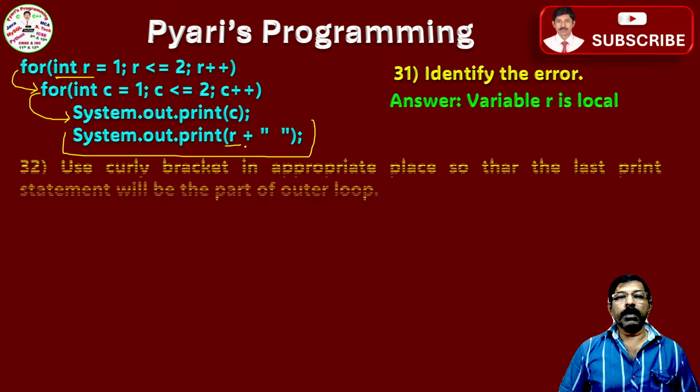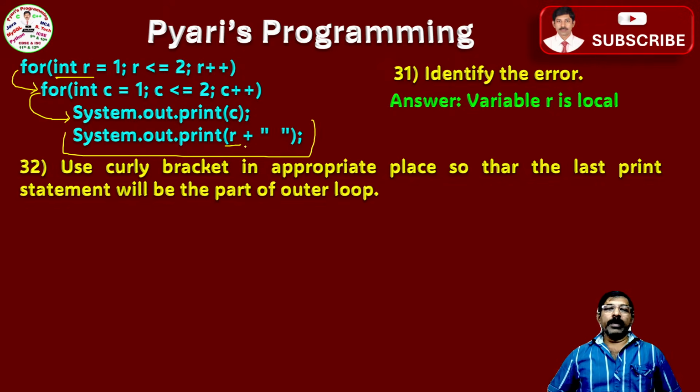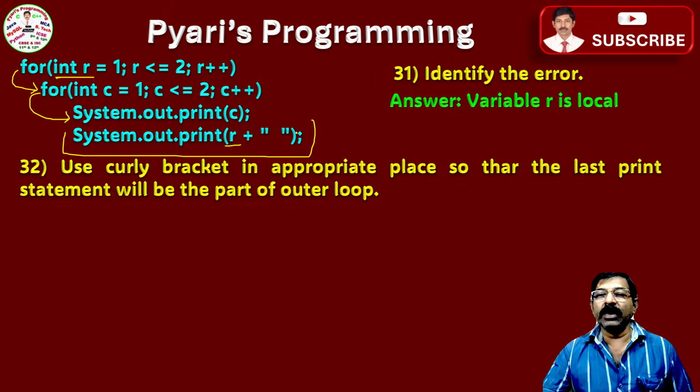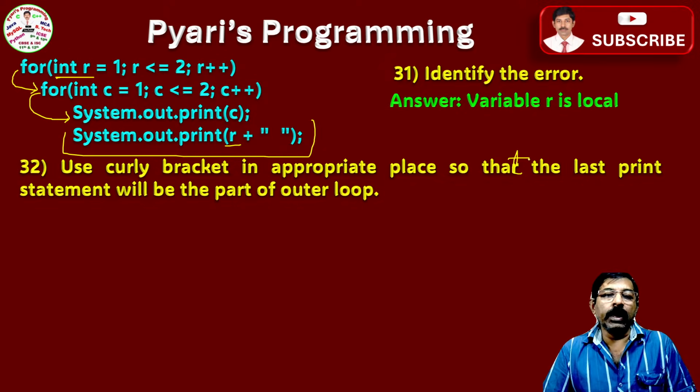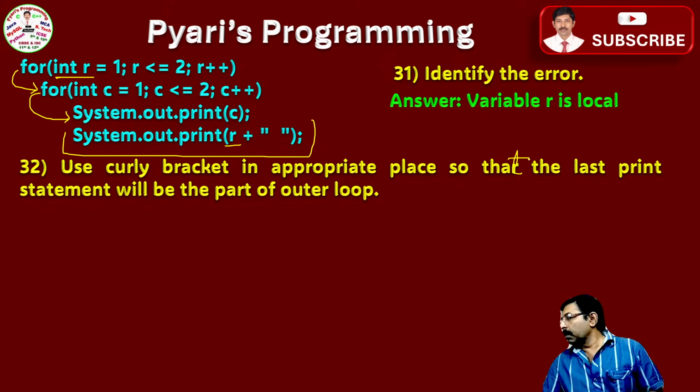Okay. Next part. Use curly brackets in appropriate places so that the last print statement will be a part of the outer loop.